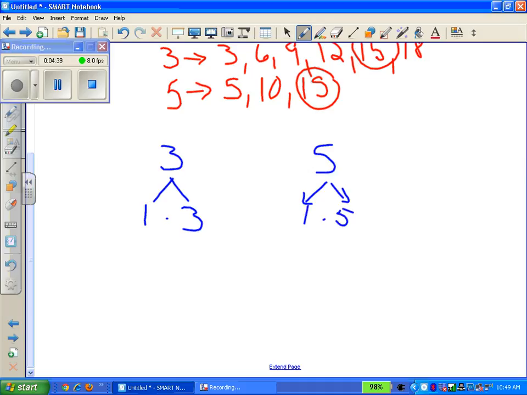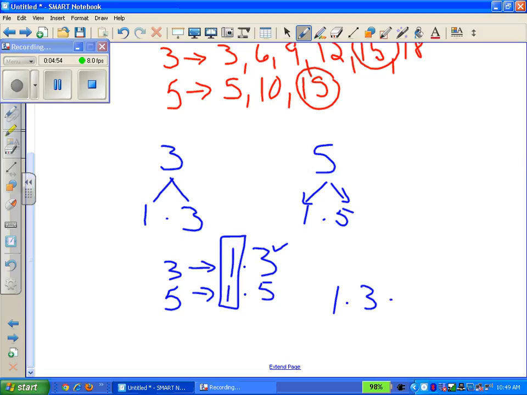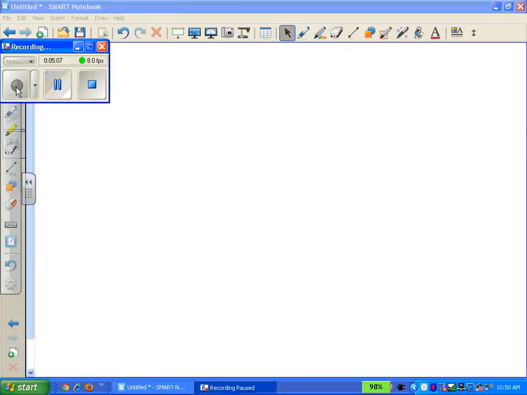And if I list the factors for 3, 1 times 3, and for 5, 1 times 5, they have the 1 in common. We'd only use that once. So it would be 1 times 3 times this 5 here, and that equals 15. So that's a real easy one to use prime factorization. So every 15 days, Willis will have a guitar and a piano lesson on the same day.